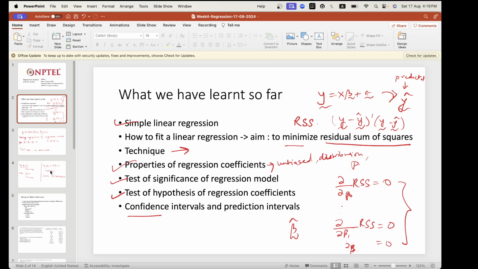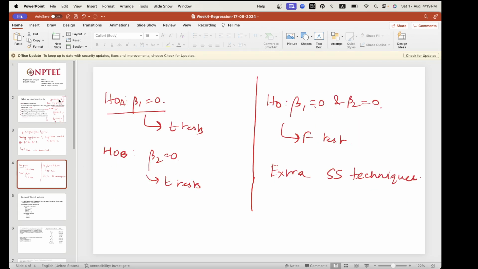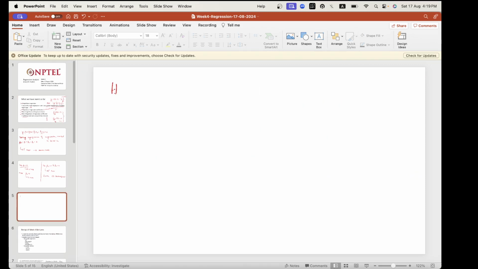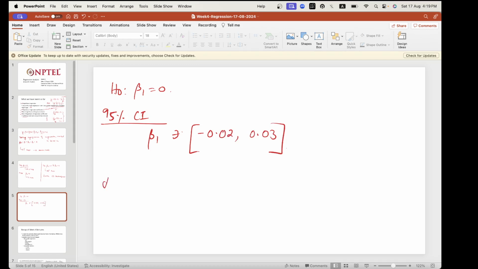For example, if my H naught is such that beta 1 equal to 0, and I construct a 95% confidence interval for beta 1, and beta 1 is contained in, let's say, minus 0.02 to 0.03, what would be the decision?